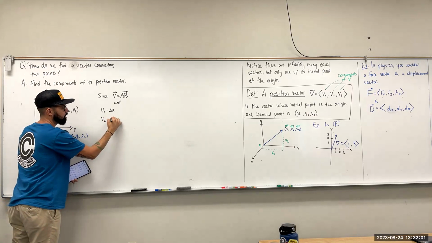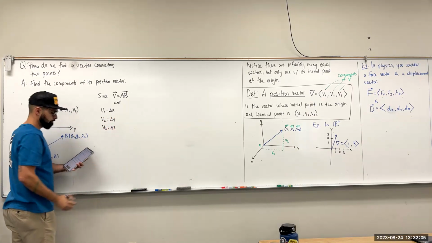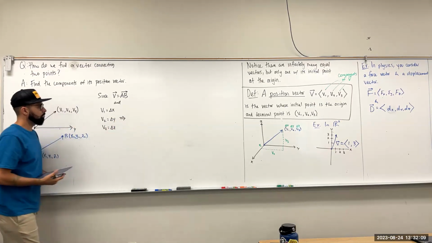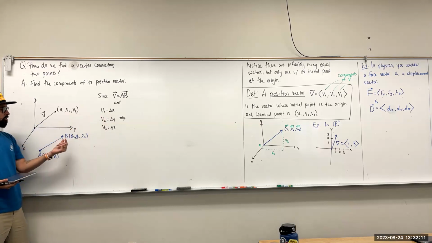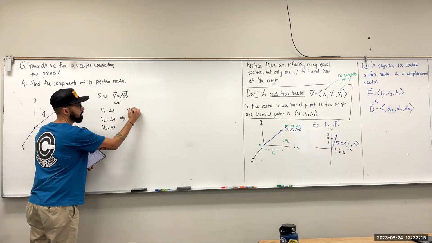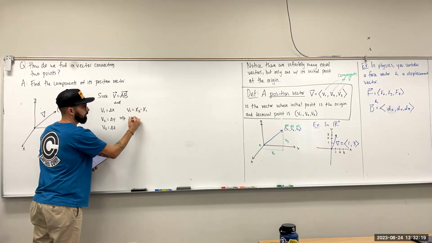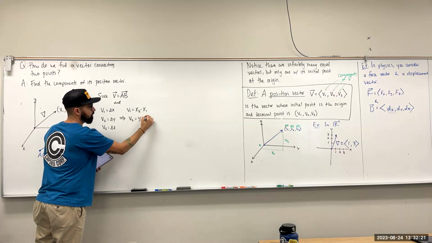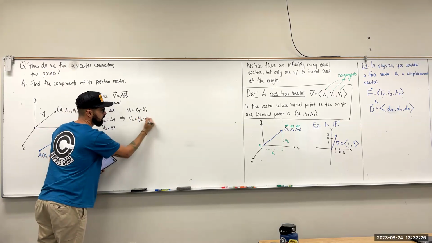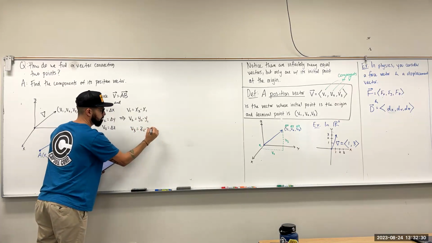V2 tells me how much change must happen in y, and how much change happens in z. Just like your classmate said, I can find out how much change happens in x by subtracting the x coordinates, x2 and x1. I can figure out v2 by subtracting the y coordinates, and then I can figure out v3 by subtracting the z coordinates.